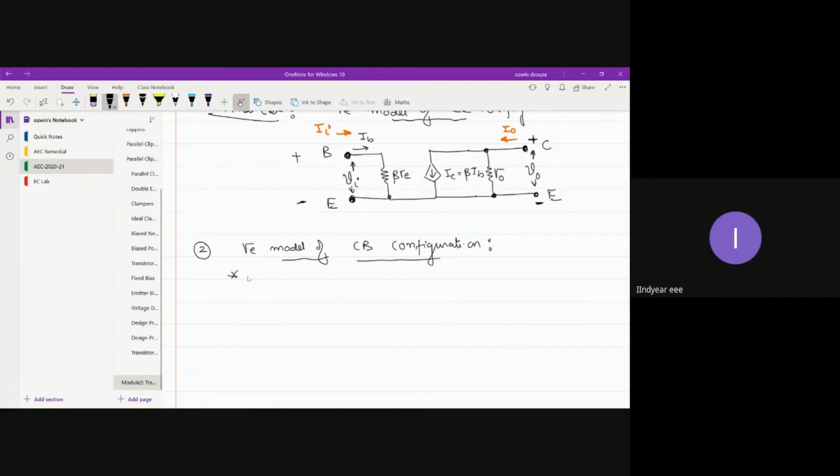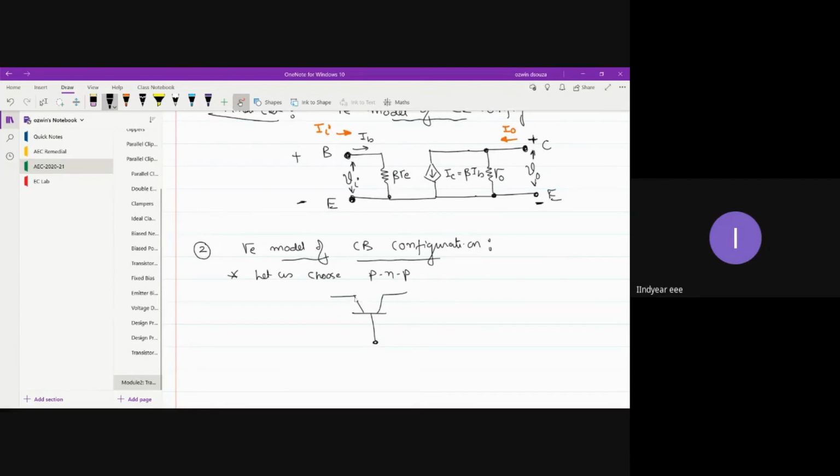Now let me consider PNP transistor. Doesn't matter, you can even choose the NPN transistor. The model remains the same except for the current direction inversion. That's all. Let us choose PNP transistor, because we never considered PNP, hence let us consider at least one PNP transistor.